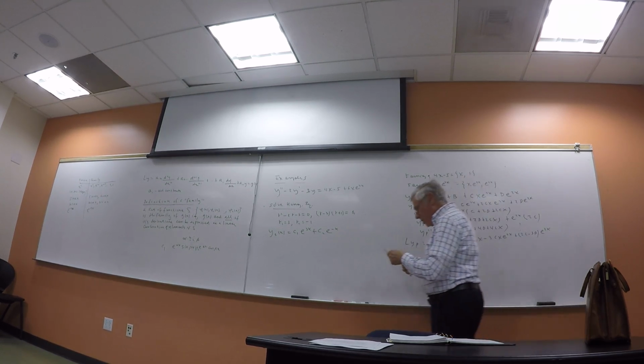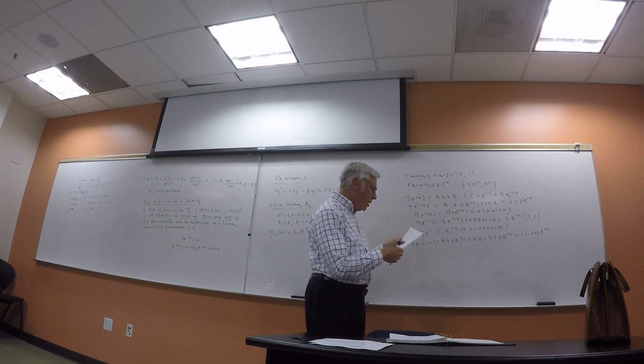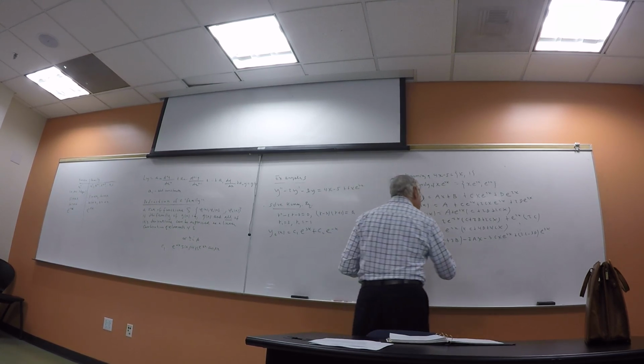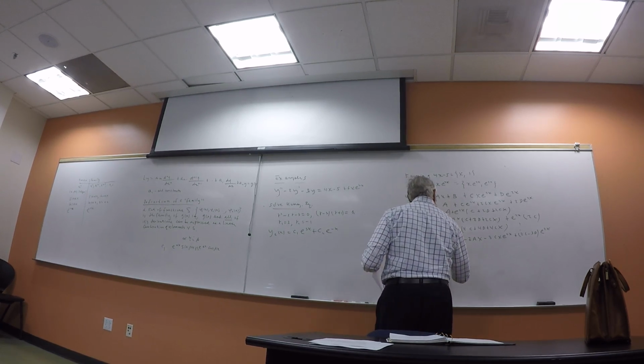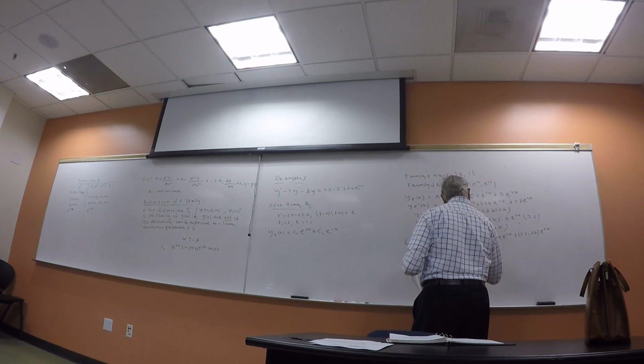Just make sure I got that right. Now minus parentheses 2a plus 3b for the constant term. For the linear, I get a minus 3ax. Then I get minus 3cx e to the 2x plus parentheses 2c minus 3d e to the 2x. And that has to be identical to the right-hand side, which is 4x minus 5 plus 6x e to 2x.